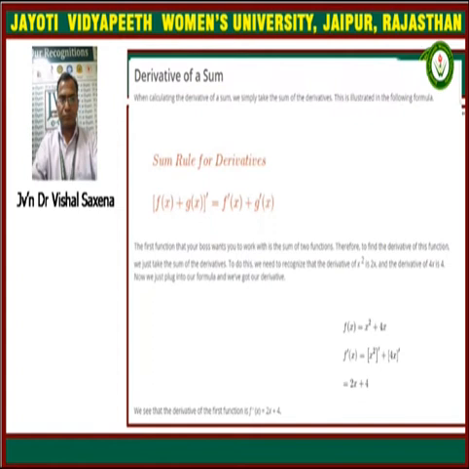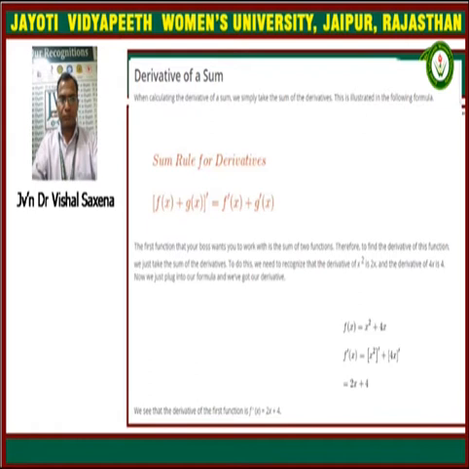Now here is the derivative of a sum. Suppose f(x) and g(x) are two functions of x. Then (f(x) + g(x))', where dash means d by dx, the derivative, is d/dx of (f(x) + g(x)), and it will be equal to f'(x) + g'(x).